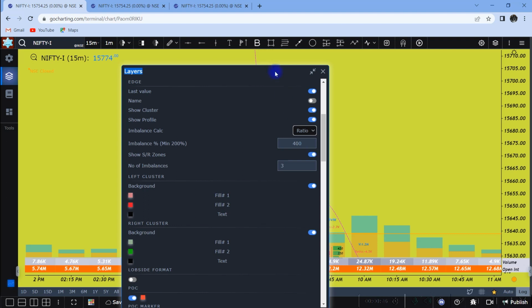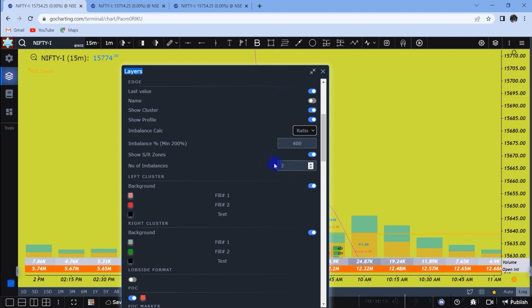If the buying is 400% more than the sellers at a particular level, that is 4x. So if there are 1,000 buyers and 4,000 sellers corresponding to it, it will be shown as a yellow tab, as you can see over here.